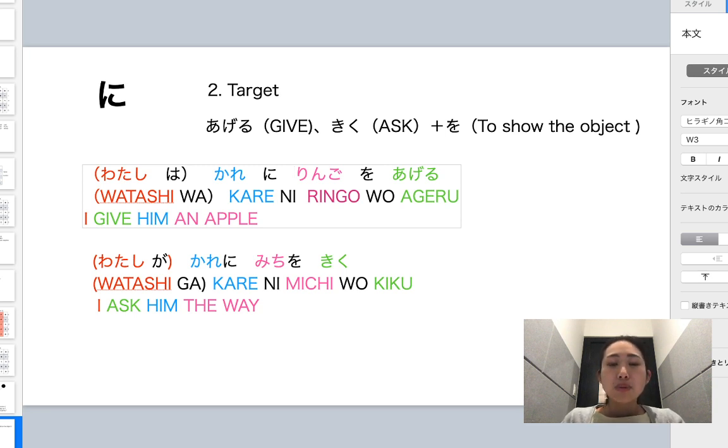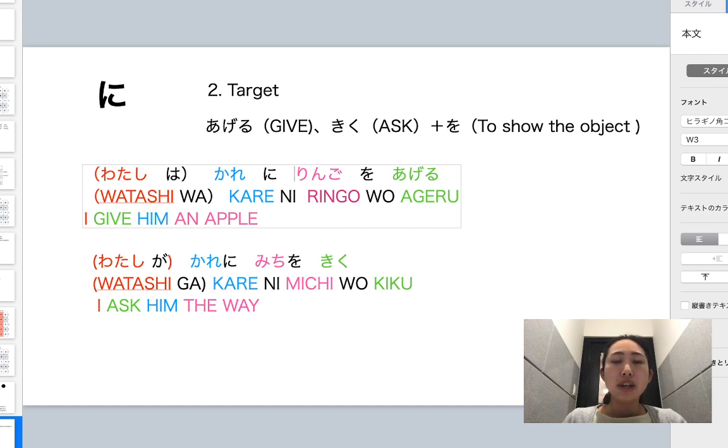And also 道を聞く, it's fine too. But in that case, the 道 is not very much like an object, right? So the important thing in the sentence is the subject or the object, and then it changes.